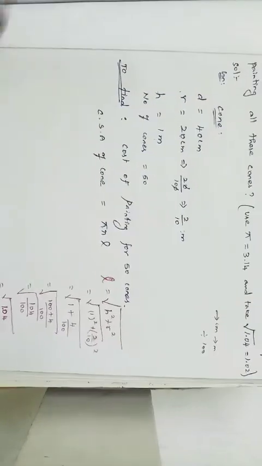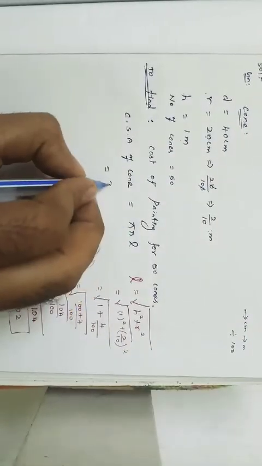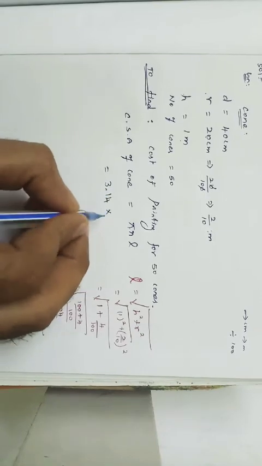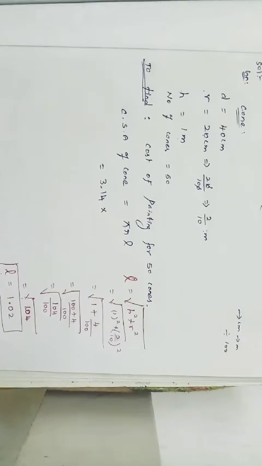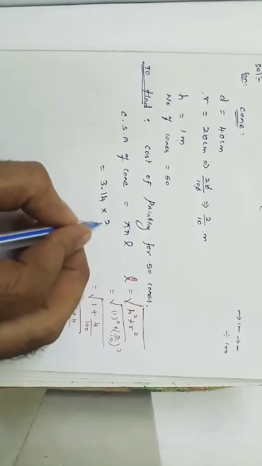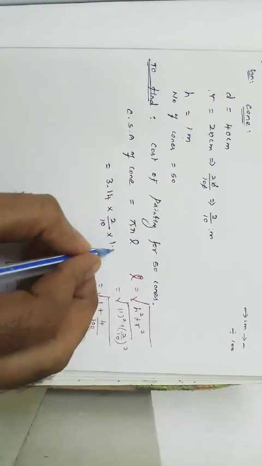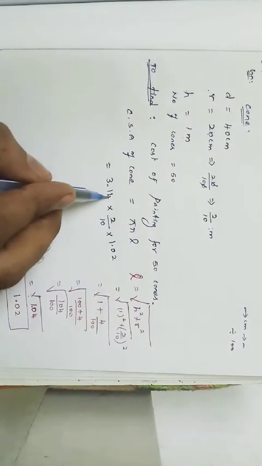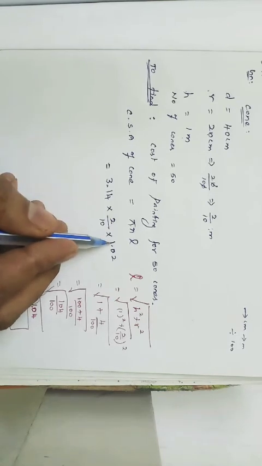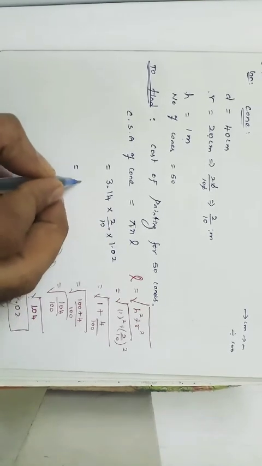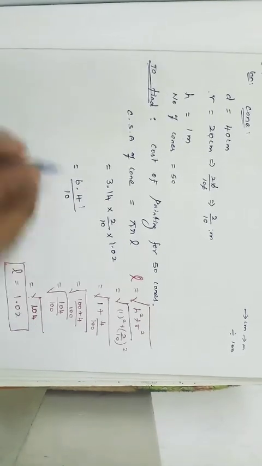They ask you to substitute pi is equal to 3.14. So pi is 3.14 into radius, which is 0.2 or 2 by 10, into l, which we already found as 1.02. Just multiply 3.14 into 2, 6.28. 6.28 into 1.02 is equal to 6.41 divided by 10.